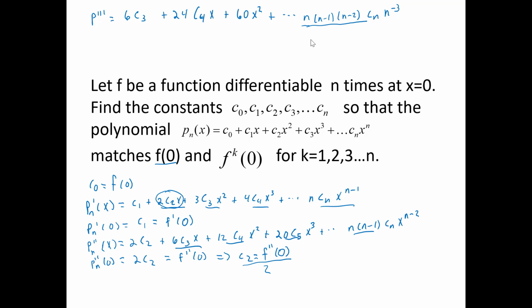And so now to figure out C3, this is Pn. Then to figure out C3, we're going to take my third derivative, evaluate it at 0, and again what happens is all of these terms that still have an x in it go away, and all you have left is 6C3. And so then this will have to equal my third derivative evaluated at 0.